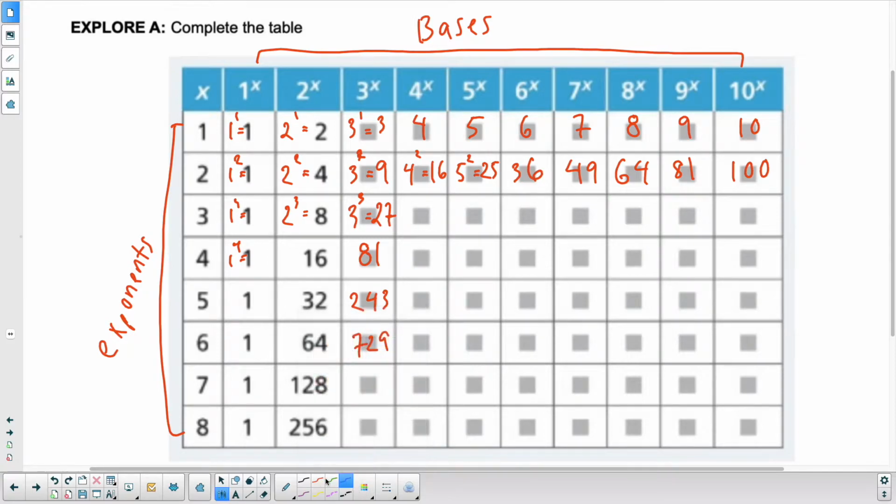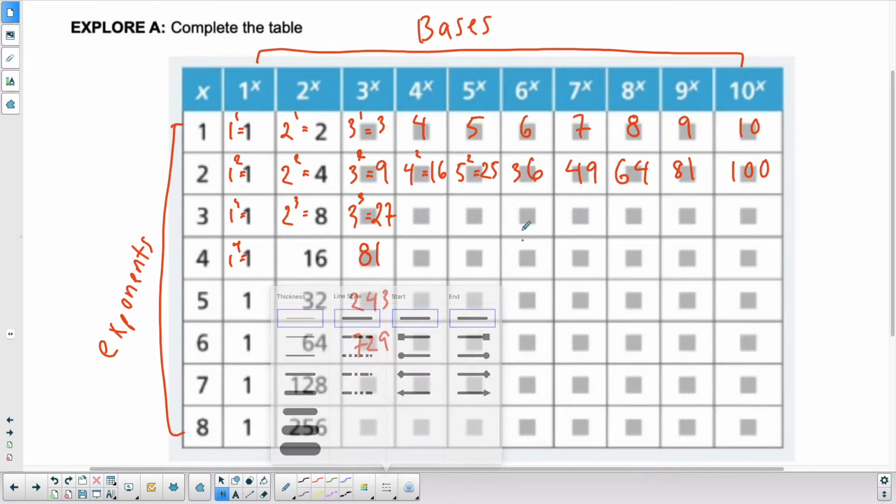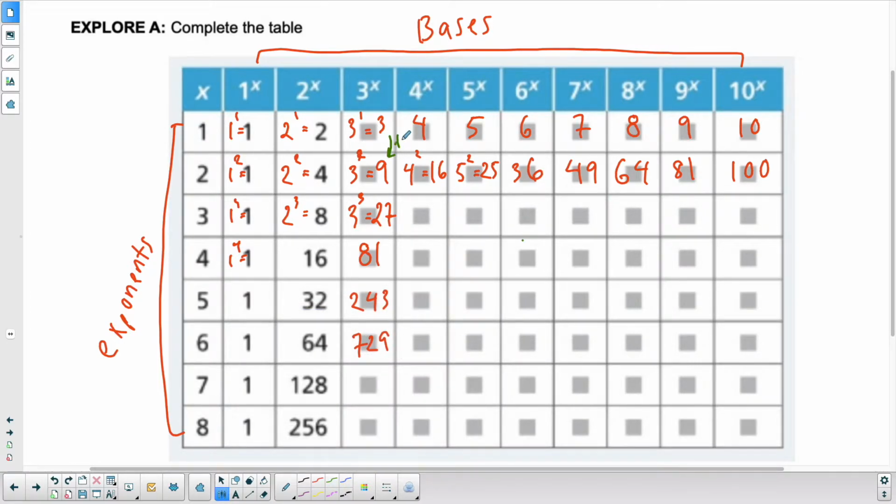So I'll put this in green if anybody wants to notice. So times another, why did I put a plus sign? Times 3 again. You don't have to write this. This is just for you to visualize.